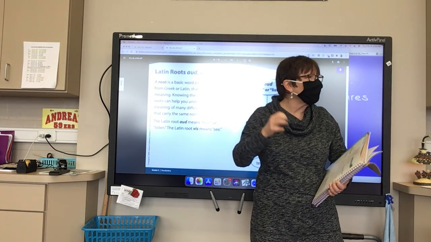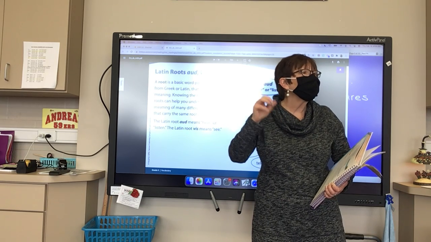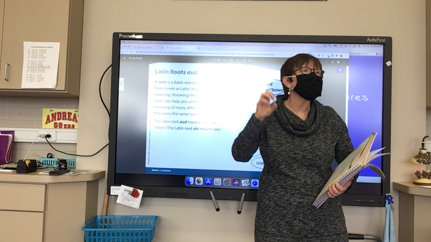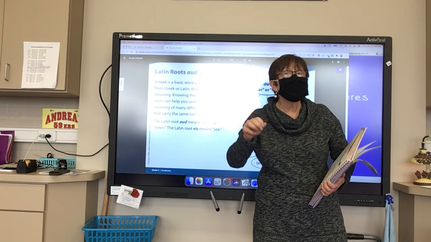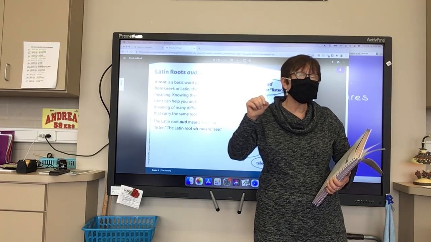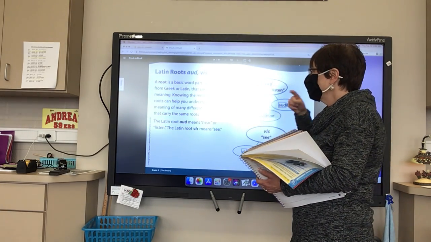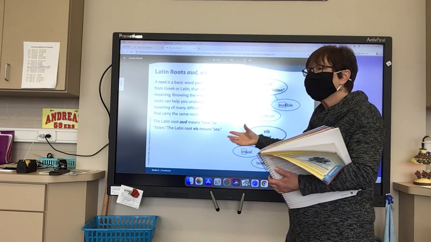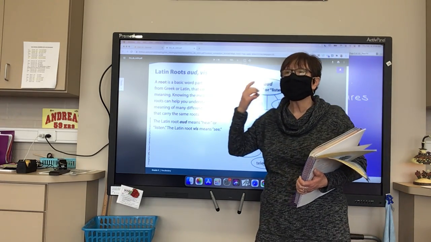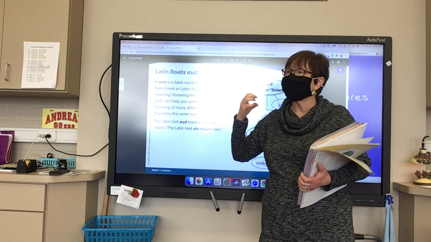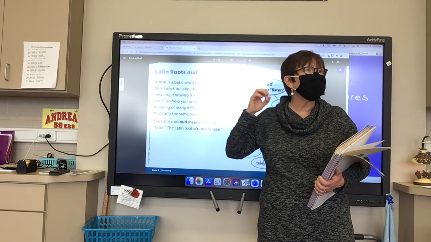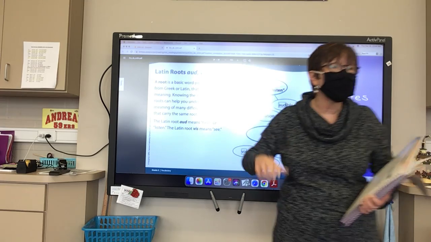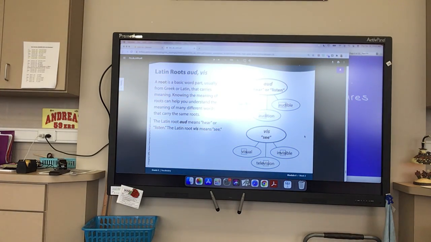So words that start with V-I-S or A-U-D have that root. If you see A-U-D at the beginning of a word, it has to do with hearing. If you see V-I-S, it has to do with seeing. So we're looking for that root at the beginning of a word.